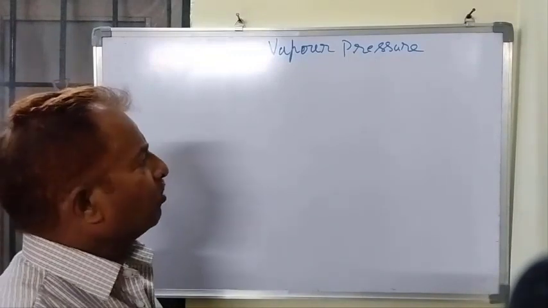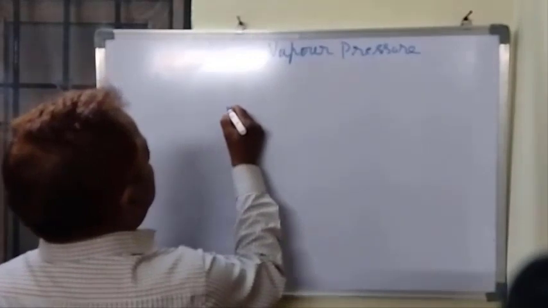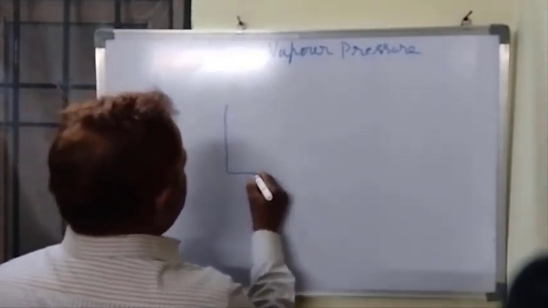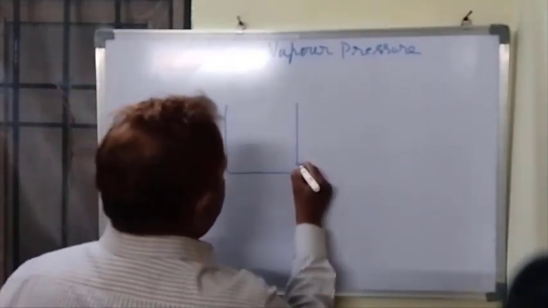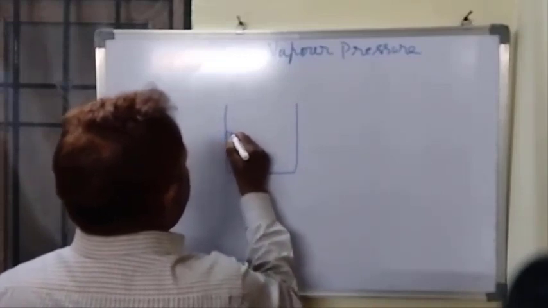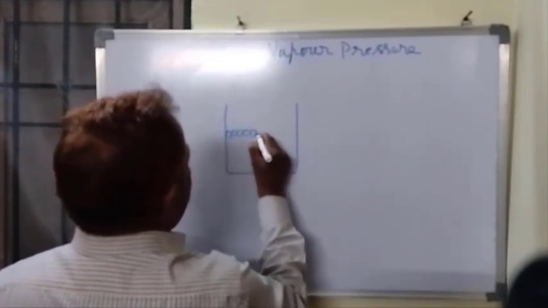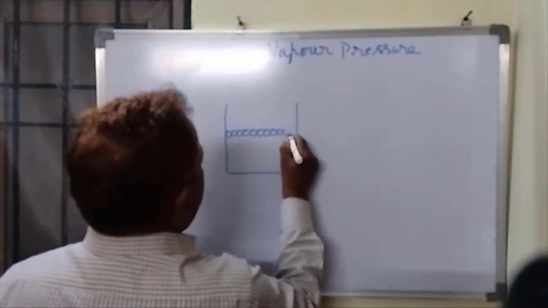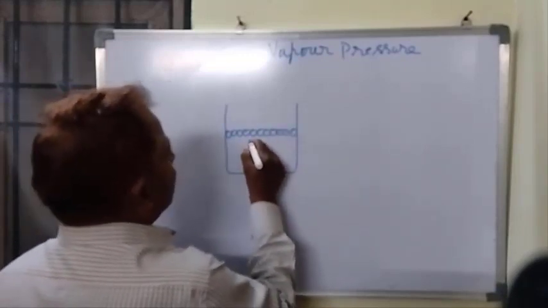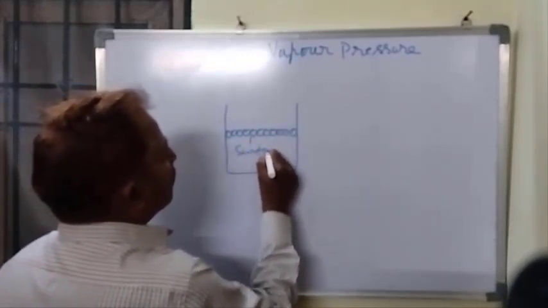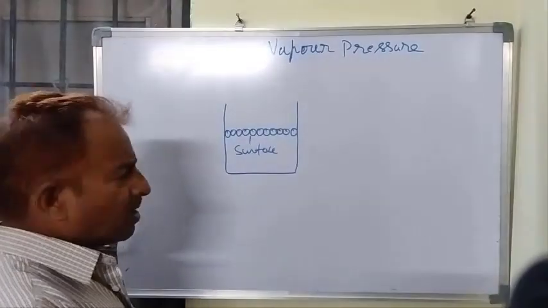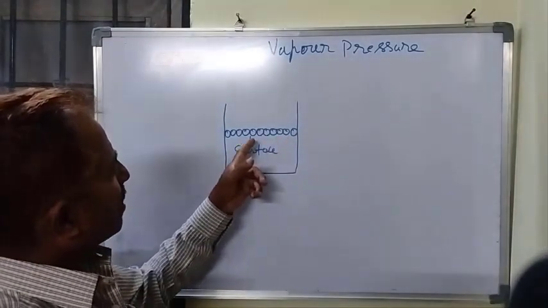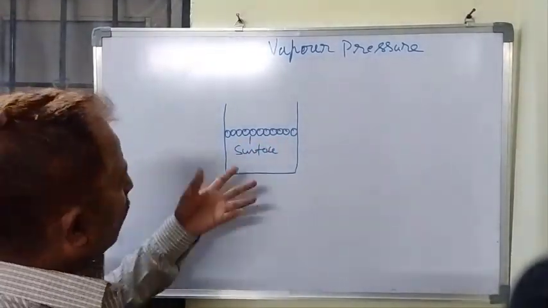Now let us discuss vapor pressure. Imagine this situation. This is a vessel in which this is the liquid. Of course, this is the surface of the liquid. The surface of the liquid also has liquid particles, molecules.